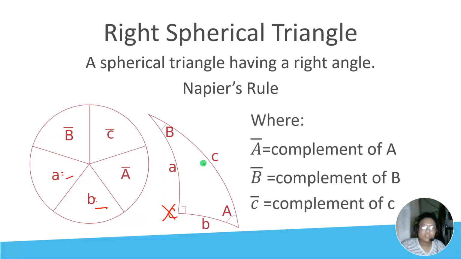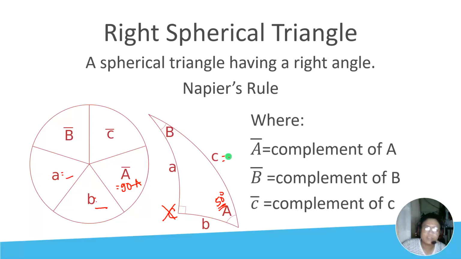It means that we should determine the complement value of that angle. Therefore, if I have an angle here for angle A of, let's say, 50 degrees, it means that the value that I will put here in bar A is the complement value for this angle A. Therefore, 90 minus angle A, or 90 minus 50.